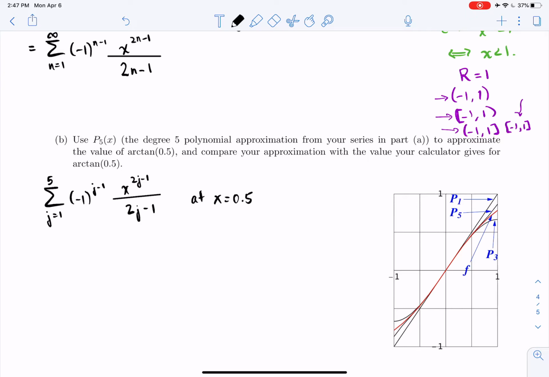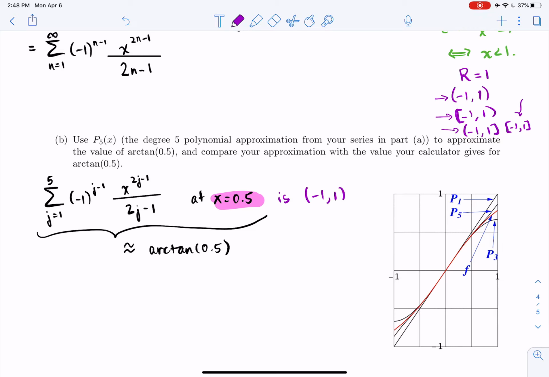This is going to be a good approximation of arctan of 0.5 simply because this x value is inside the interval of convergence. If I asked you to approximate arctan of 1.5, this would not be a valid thing to do.